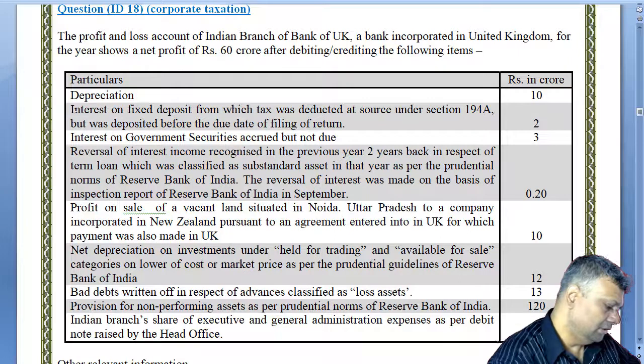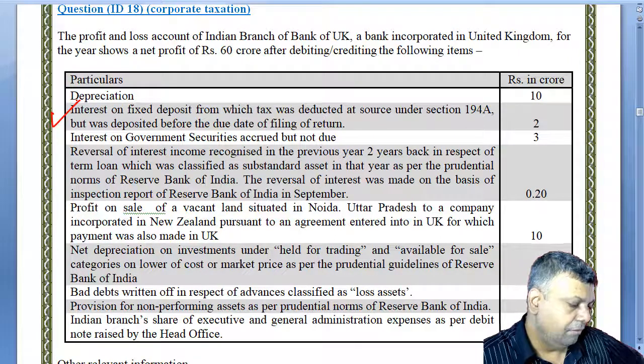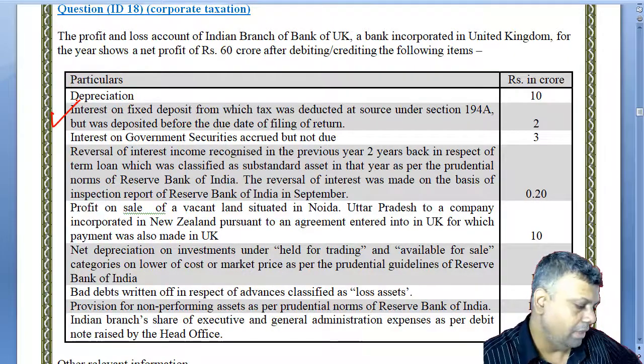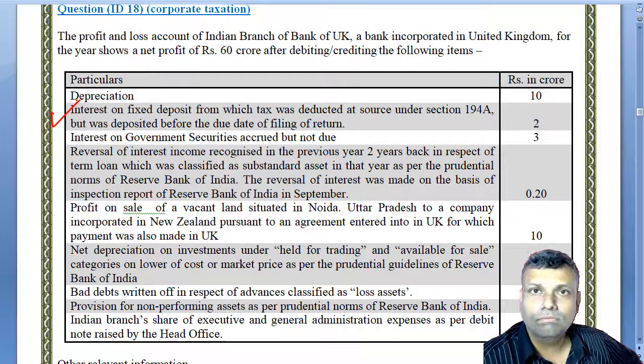Let me erase this. Interest on fixed deposits from which the tax was deducted at source under section 194A but was deposited before the due date of the filing of the return of income. What is this?